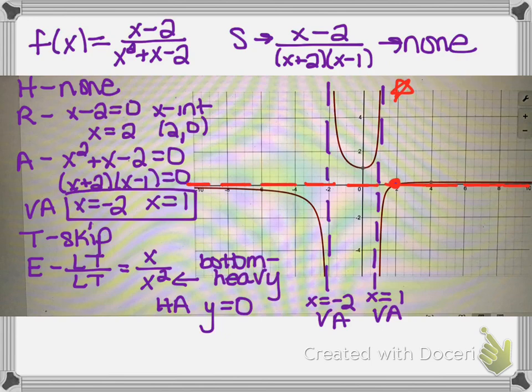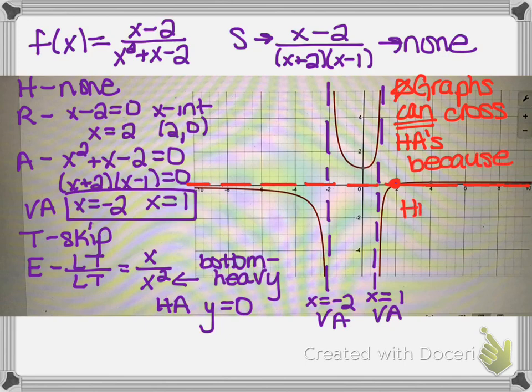And remember, you do not have to know how to graph these for yourselves this year, but graphs can cross horizontal asymptotes because the horizontal asymptotes are the E step. They only control end behavior. They only control the edges of your graph. They have no control over the middle of your graph. That's why you can cross horizontal asymptotes.